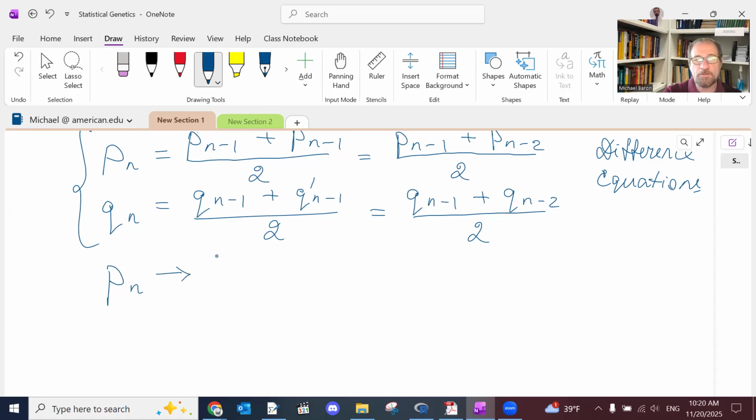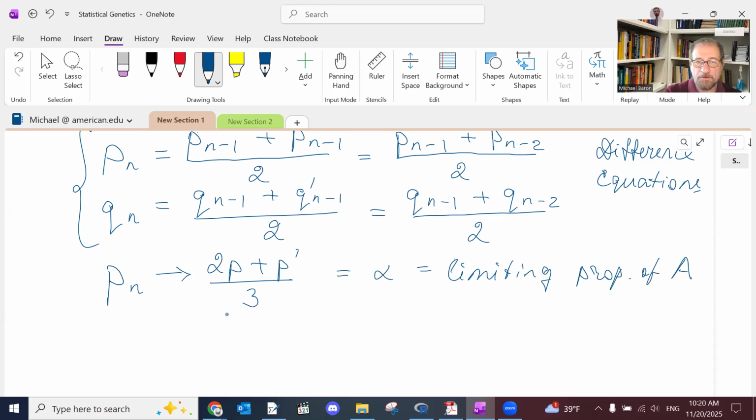And the limits will be 2p plus p prime over 3 for the proportion of dominant genes. Let's call it alpha. The limiting proportion of dominant genes in the female population. And Qn, 2q plus q prime over 3.